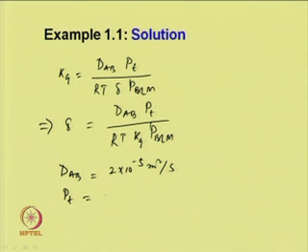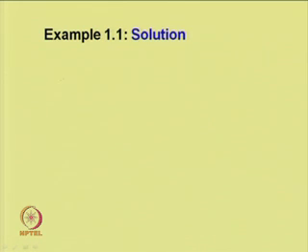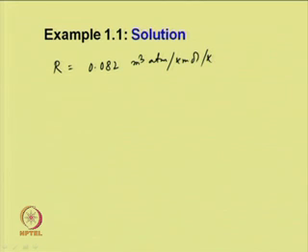Pt is 1 atmosphere, which is equal to 101.3 kilopascal, and R is 0.082 meter cube atmosphere per kmol Kelvin, which is equal to 8.3066 meter cube kilopascal per kmol Kelvin.